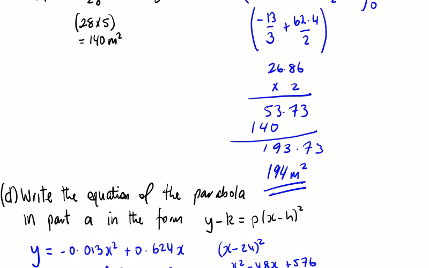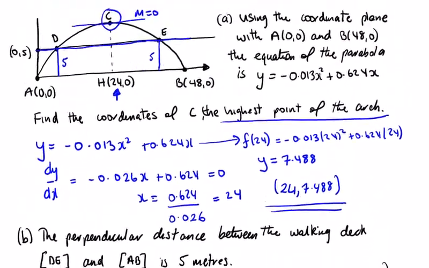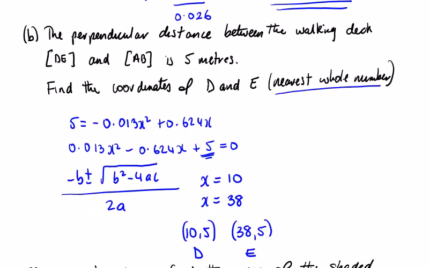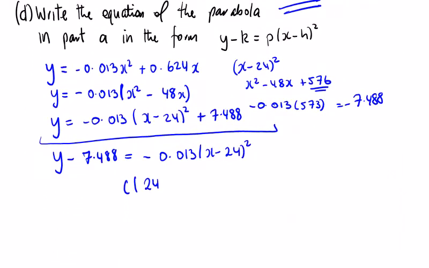Now, jump back up to the top here and we'll see what this is actually telling us. We got this point C to be 24, 7.488. C was 24, 7.488. So what this is telling us is that with a function, the coefficient of x squared, this minus 0.013, can be put in front of x minus the x value, or x minus this number here, 24 in this case.